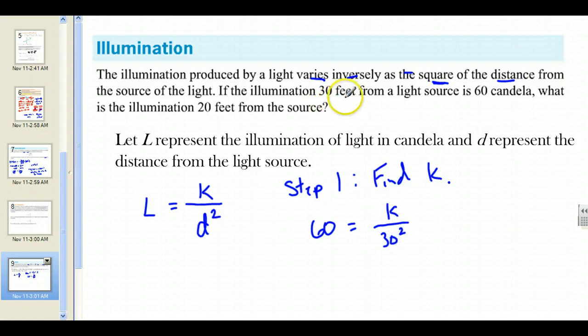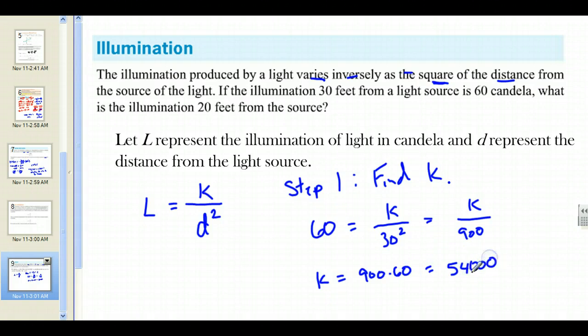Okay, 30 is feet, that's a distance unit. 60 is candela, a illumination unit. So k over 30 squared is 900. And then to solve for k, I multiply both sides by 900. So k equals 900 times 60, which equals 54,000. Alright, so there's step 1. We found k.